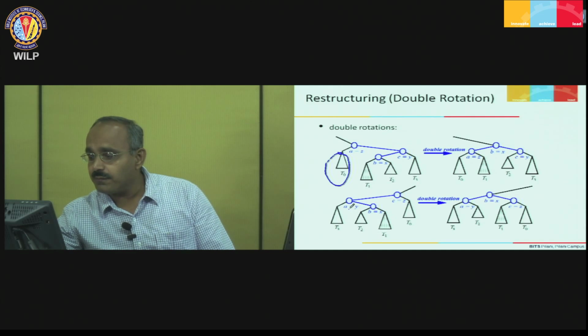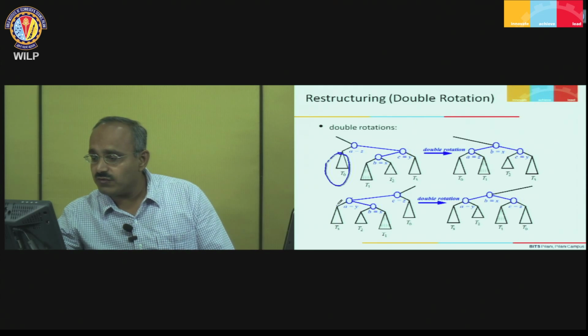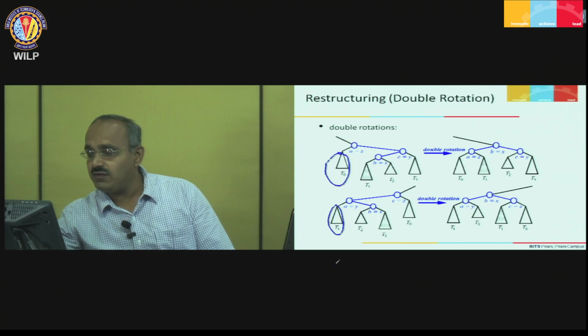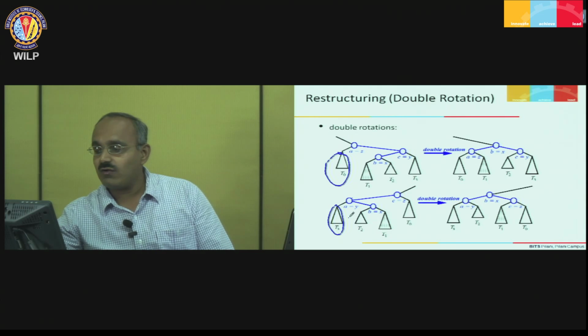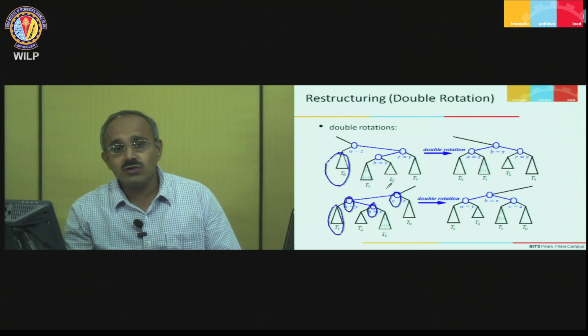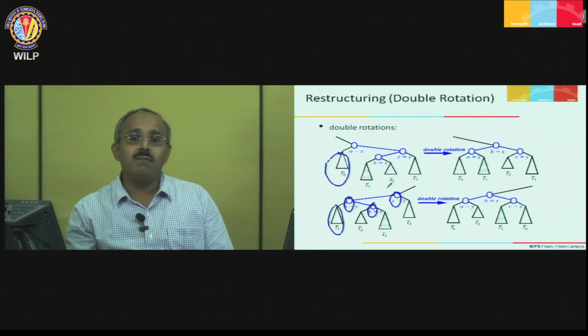You have A, correct. So, first we will visit T0 in our in-order traversal, then we will go to A, then we will have B, and then finally C. So, A is going to be before B and B is going to be before C.